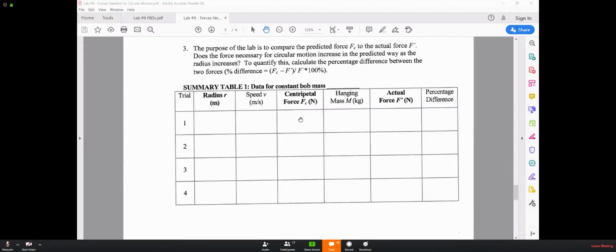is we do our main equation, mv squared over r. So now I use the mass of the bob, which was 0.5834 kilograms, times velocity squared, and then divide by radius, mass times centripetal acceleration, mv squared over r. And I came up with 5.90 newtons.